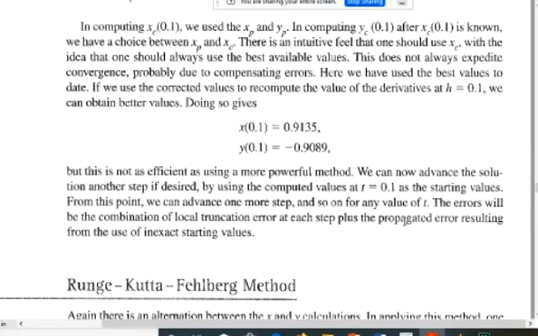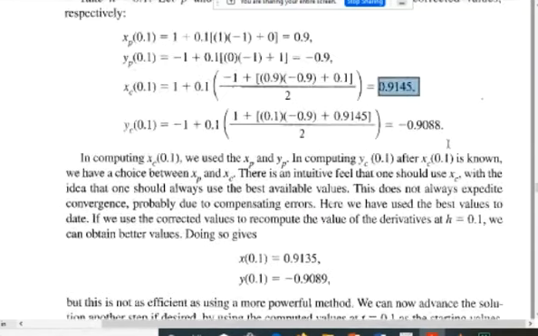We can use the same approach for the next steps with this same step. And we have two kinds of error.